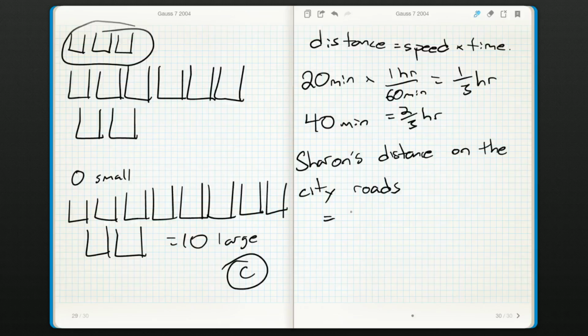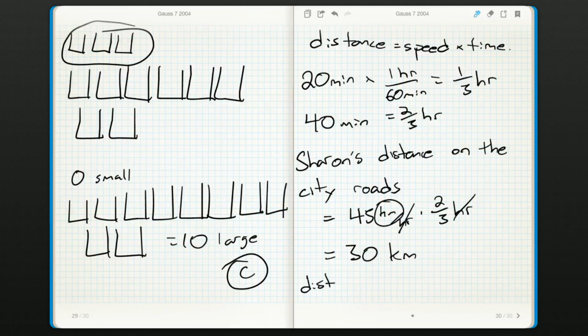That's going to be equal to her speed times her time, which is 2/3 of an hour. So now the hours cancel out, and we'll have 45 times 2, which is 90 over 3. That's going to be 30. And what's the unit left over? Kilometers. So she goes 30 kilometers on the city roads.